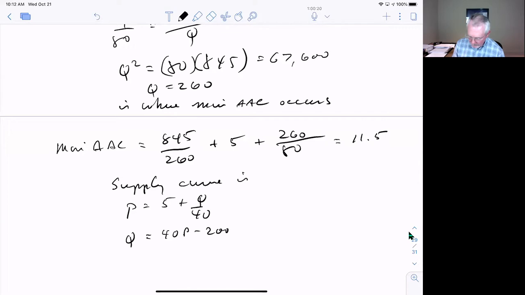Now in this particular case, this is only for a price that is at least 11.5, which is minimum average avoidable cost once we add that avoidable fixed cost. Or Dan will choose to shut down and earn zero profits for price less than 11.5.